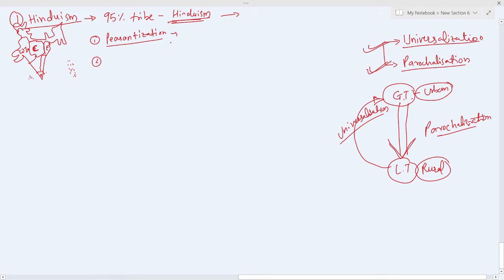And when peasantization started, they came in contact with Hinduism, and the various beliefs of Hinduism were accepted by the peasantized tribes. Then second is tribe caste continuum.